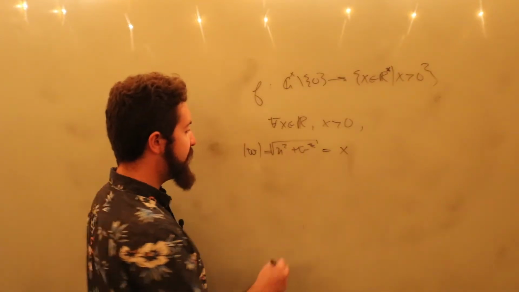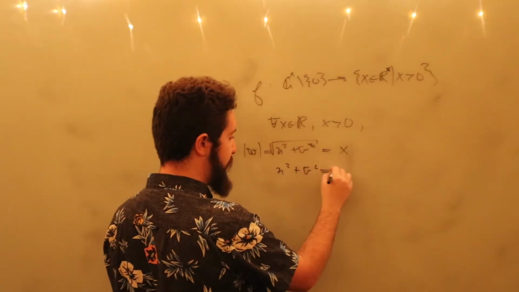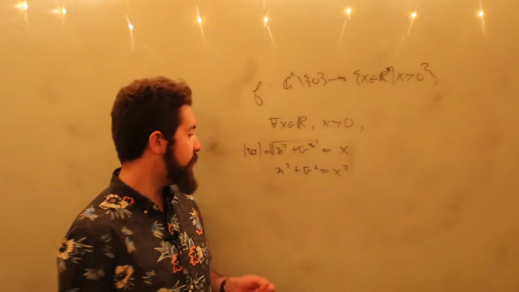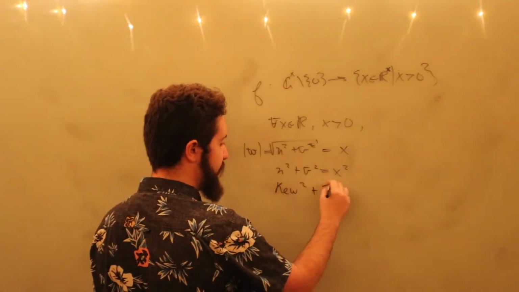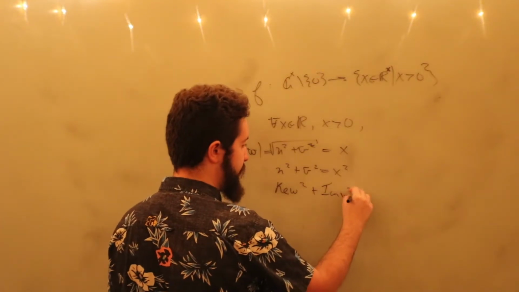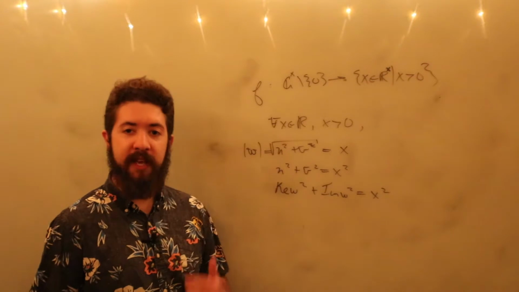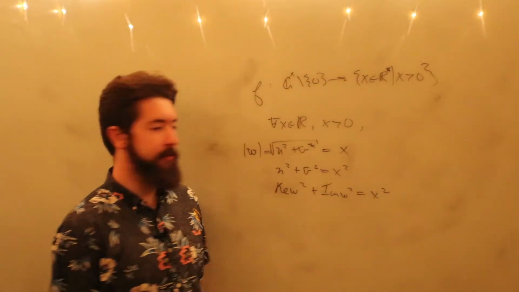Now if we square both sides, we see very quickly that this is just u squared plus v squared equals x squared, which is to say that in the complex plane we have our real part of w squared plus our imaginary part of w squared is equal to the number x squared. This is just a circle in the complex plane centered at the origin with radius x, right?